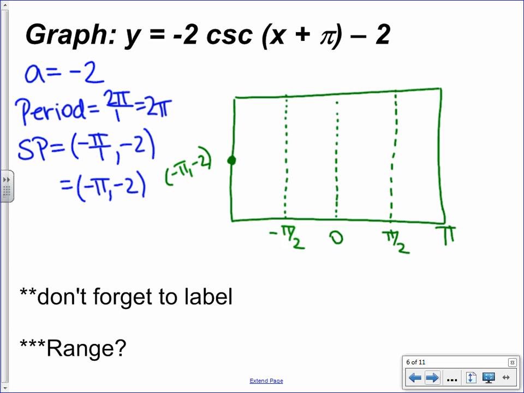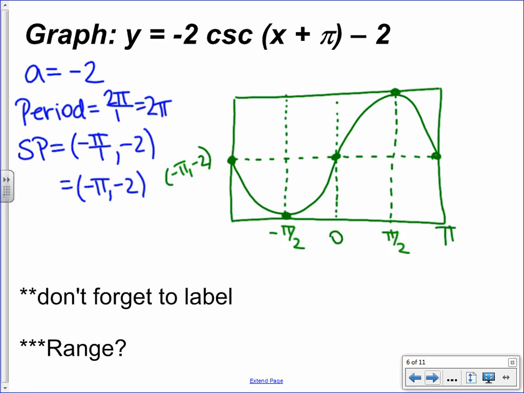Pi/2. Okay. And then just very lightly, I'm going to sketch in my negative sine curve. You don't have to sketch in the sine curve, but for some of us it's going to help.